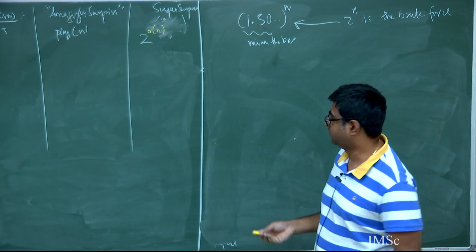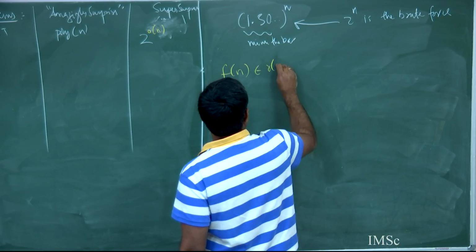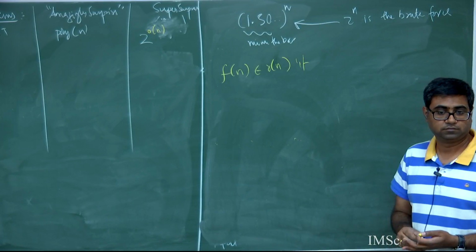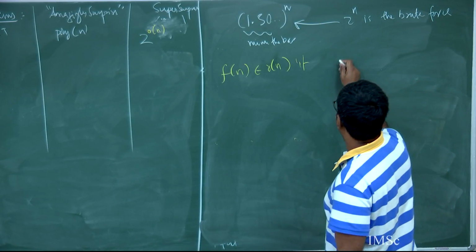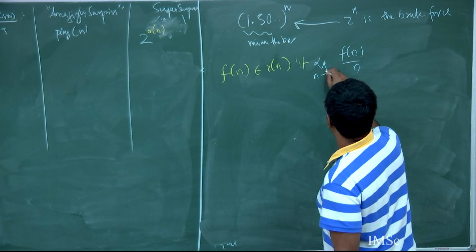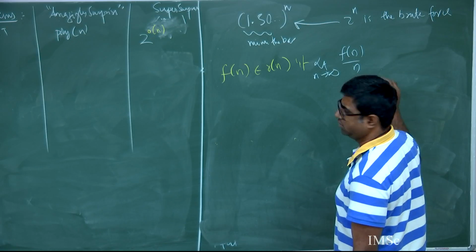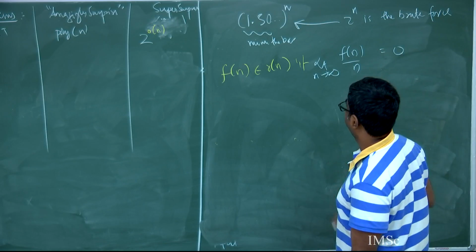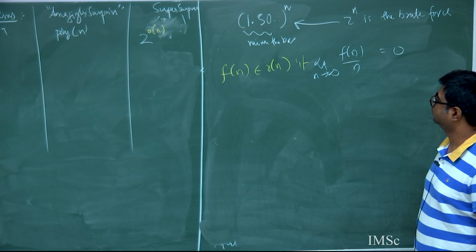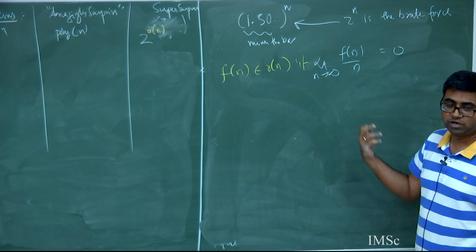All of you know, some function f of n is in little o of n if the limit of f(n) divided by n, as n tends to infinity, tends to 0. Is this correct? Okay, fine. So this is what it means.